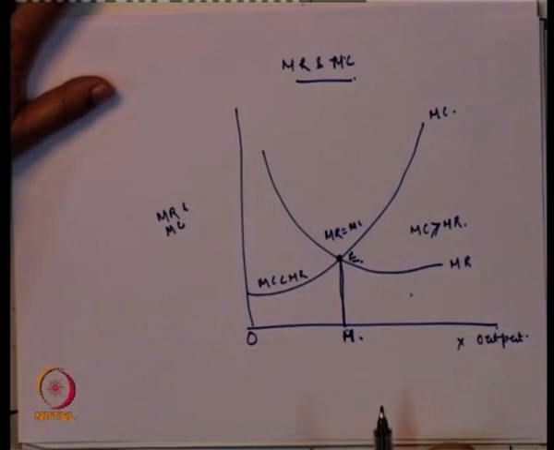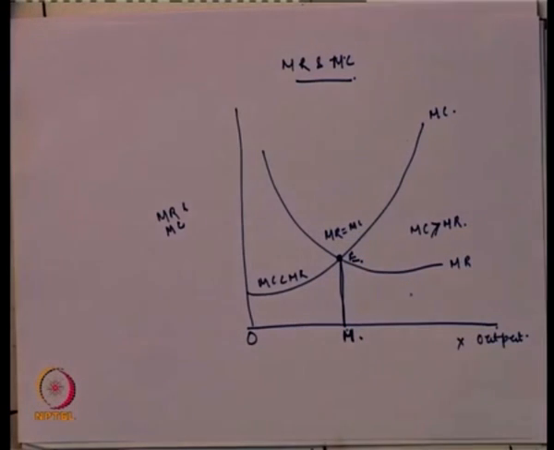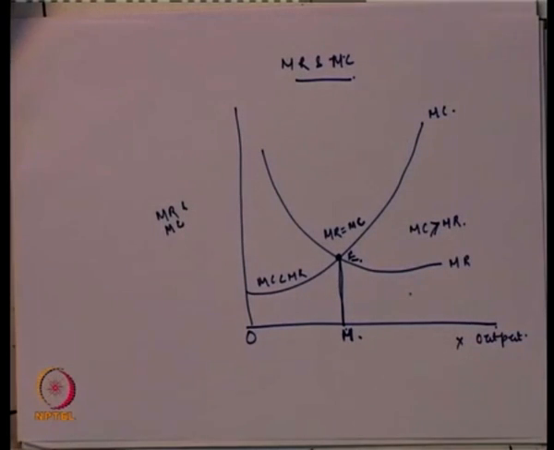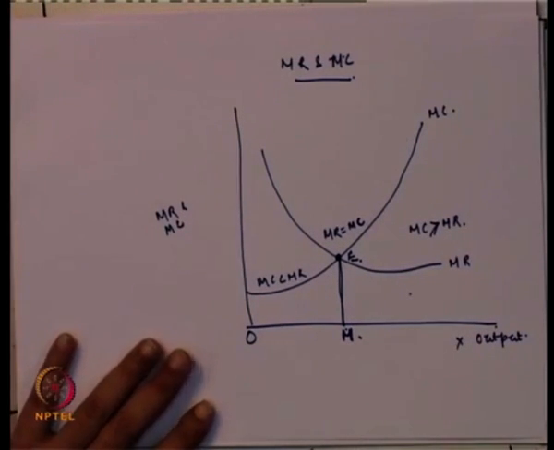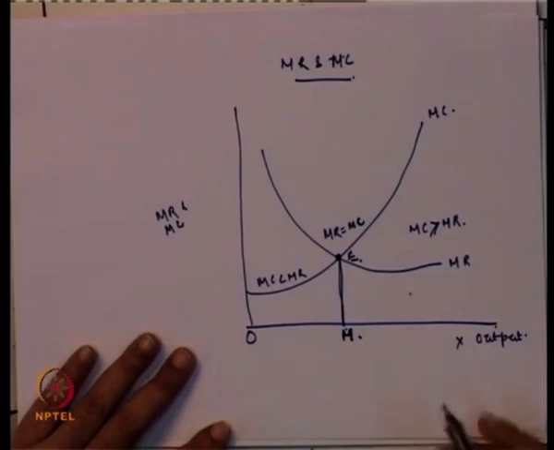That is the reason it is not a profitable level of output, and that is why when we decide the equilibrium level of output, it is always at a point where the marginal cost has to be equal to the marginal revenue, and in this case it is not more of cost or more of revenue, rather it is just equalization of the marginal cost and the marginal revenue.